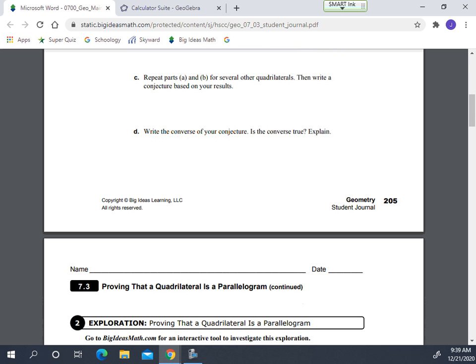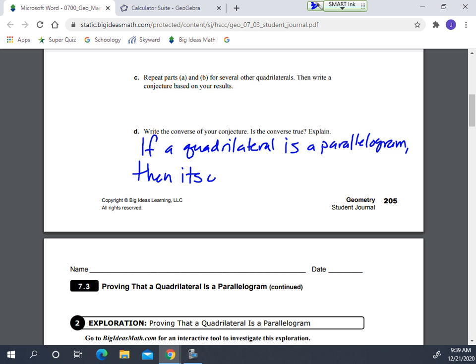Part D asks us to write a converse of your conjecture. Is the converse true? The converse is: if a quadrilateral is a parallelogram, then its opposite sides are congruent.